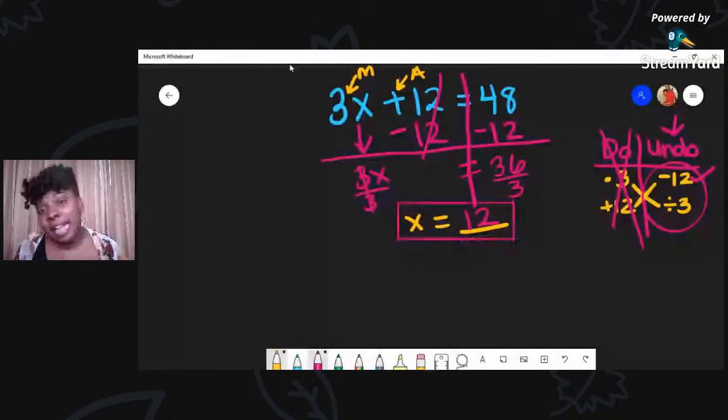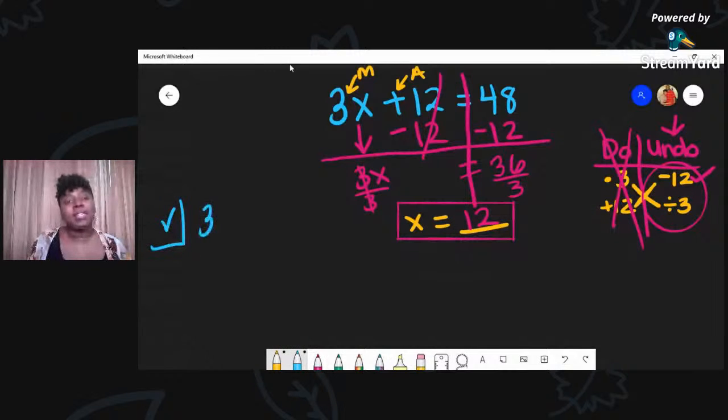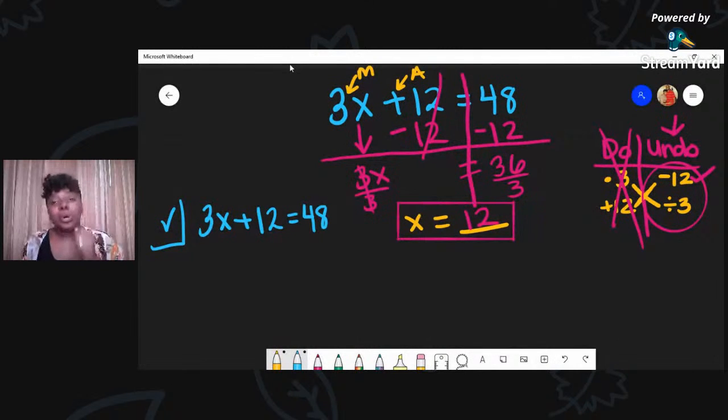Awesome. I'm not done yet because I have to do my check. So let's check our work. Go back to the original equation: 3x plus 12 equals 48. Let me make sure that x really does equal 12. Plug it in. Replace x with 12.